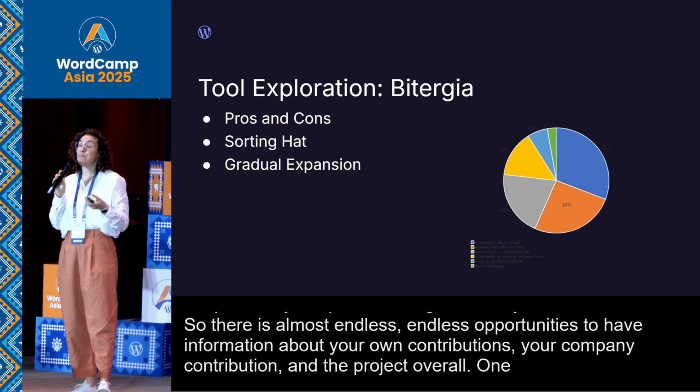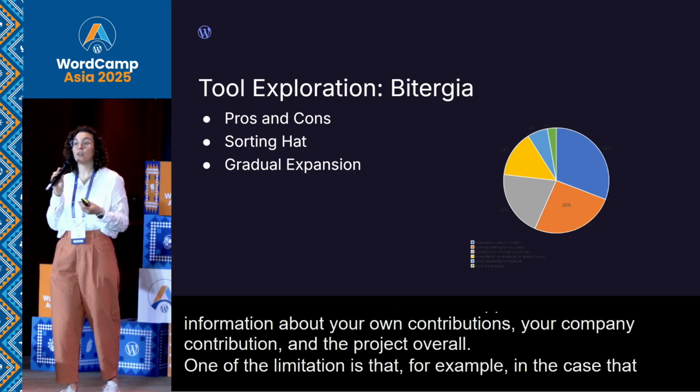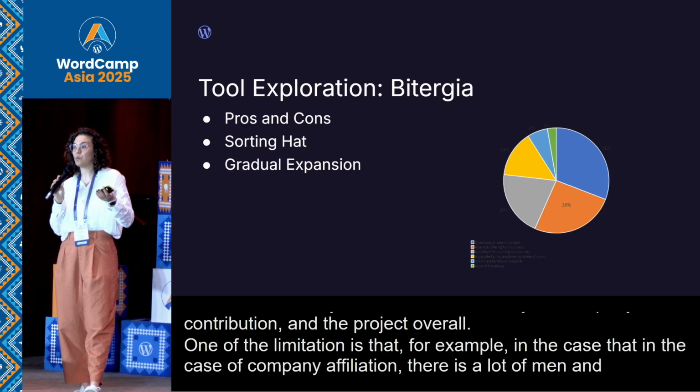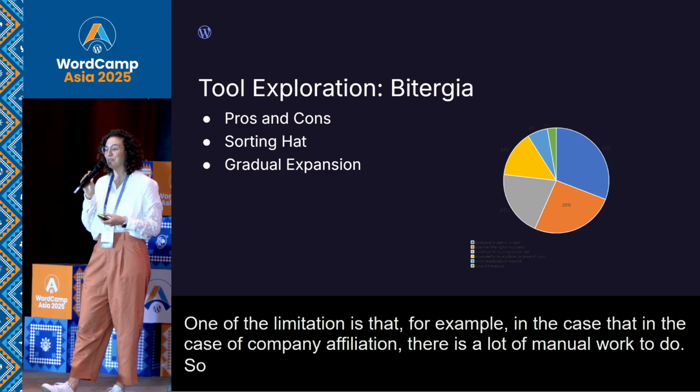One of the limitations is that, for example, in the case of company affiliation, there is a lot of manual work to do. So we have a bright side and a hard side, and a challenge to overcome.